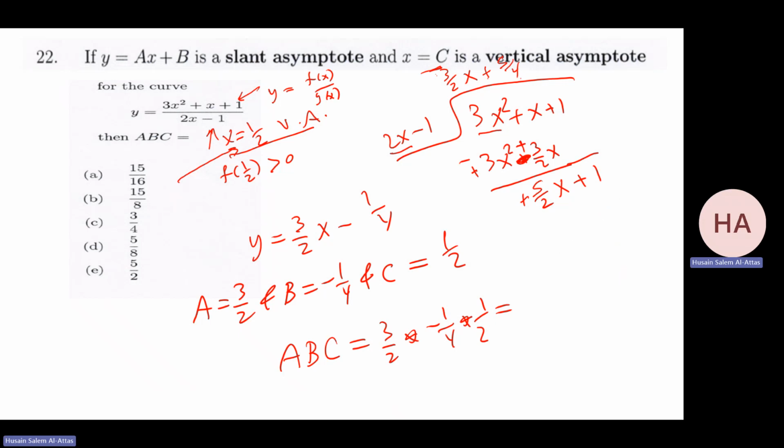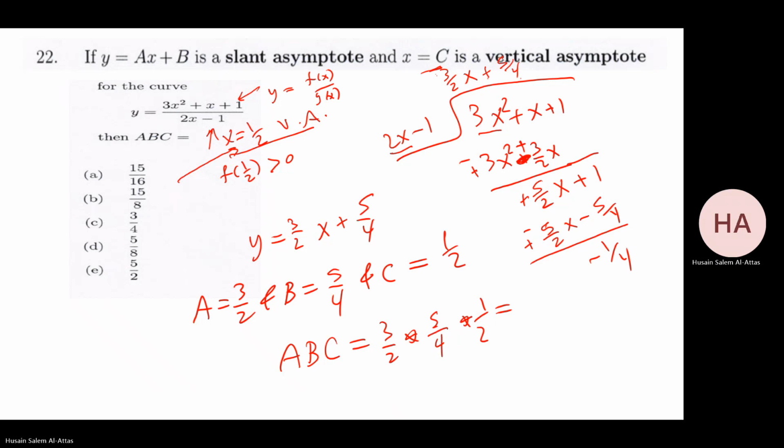Okay, that gives me what? 5 over 2x minus 5 over 4. Change the signs. That gives me minus 1 over 4. So this one, sorry, it will be 3 over 2x plus 5 over 4. So I have this 5 over 4. Okay, so this is 5 over 4. So I'm getting what? 15 over 4 times 4, which is 16. Yeah, you need to be careful with the calculation. This minus sign makes a big difference.